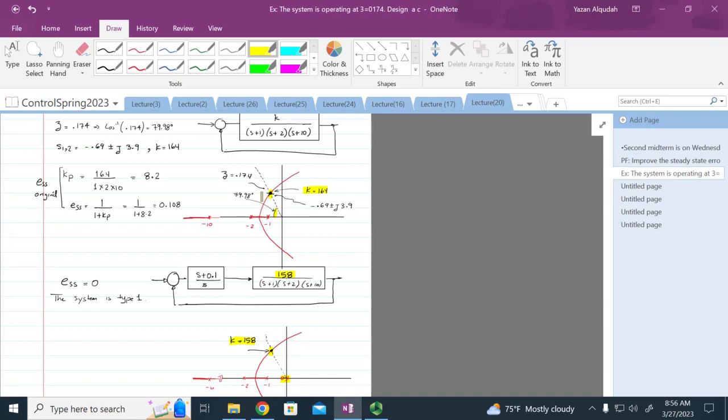Then can we use the angle formula, the 2k plus 1 times 180 degrees over the number of poles minus number of zeros, and then just find K that way? Probably not. That's not the right way.